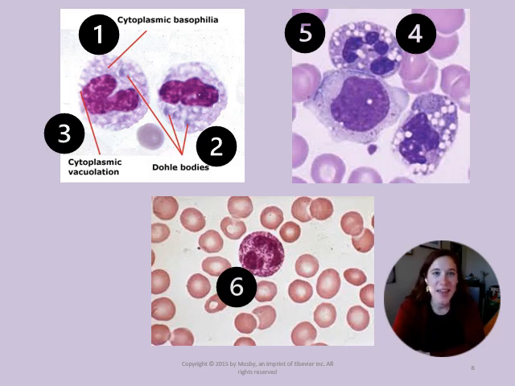For the dull bodies, that's going to be number 2, and we can see these like blue chunky specks. For number 3, we can see cytoplasmic vacuolation. These are going to be, again, those foamy bubbles, and they're going to be inside the neutrophil, and they're not supposed to be. They're supposed to be macrophages or monocytes.